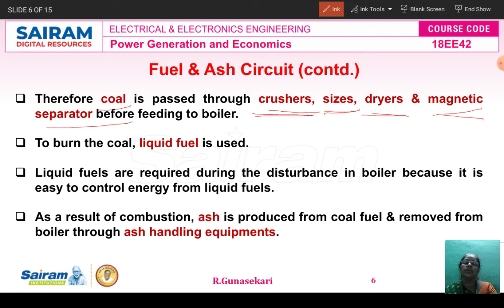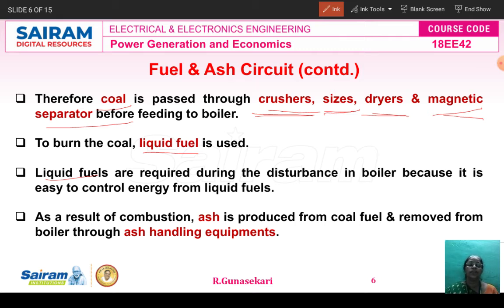If the coal is burnt inside the boiler, liquid fuel is also required. The liquid fuel is required during disturbance in the boiler because it is easy to control the energy from liquid fuels. The result of the fuel combustion process is ash. Already I told you 30 to 40% of the coal is ash, and that coal is used to generate electricity by the steam power plant.